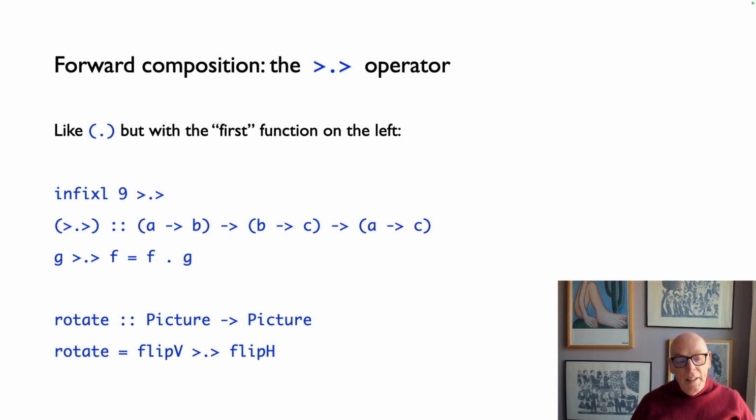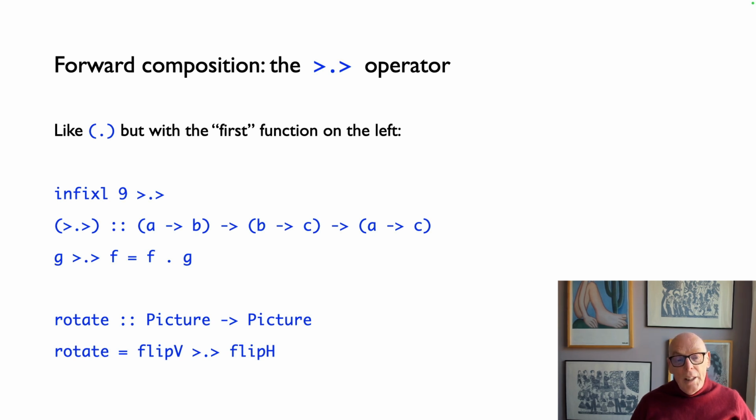And so if we're thinking of doing rotate, and we want to first flip v and then flip h, we can write that rotate as flip v greater than dot greater than flip h. First flip v, then flip h, and we're using those symbols greater than here to indicate the direction in which the composition goes, because normally the function on the right is applied first, but here we're applying the function on the left first.